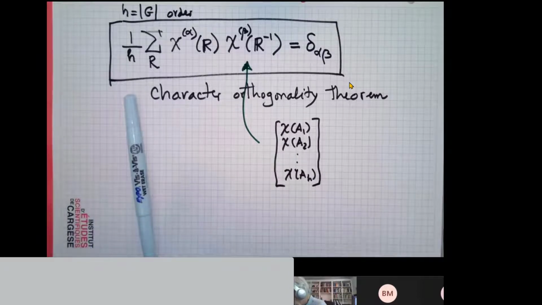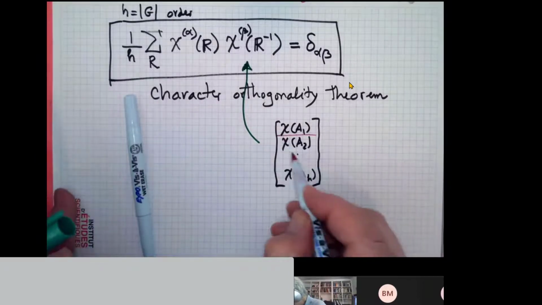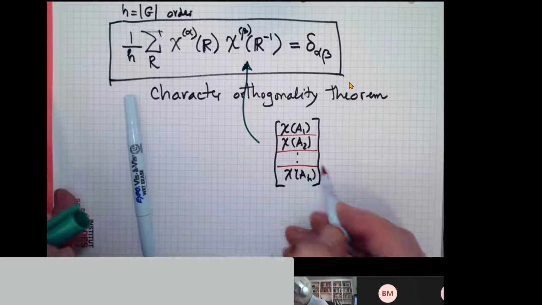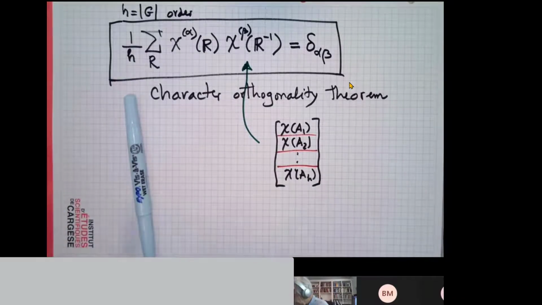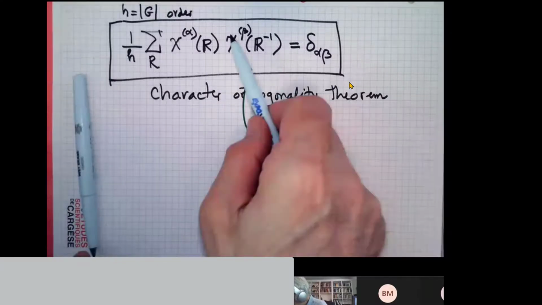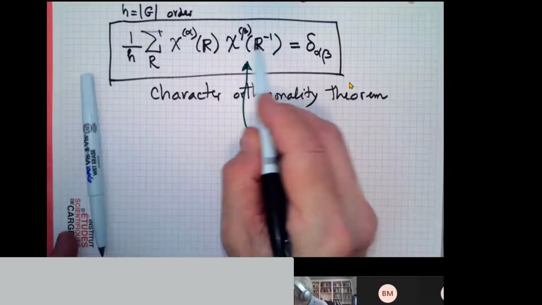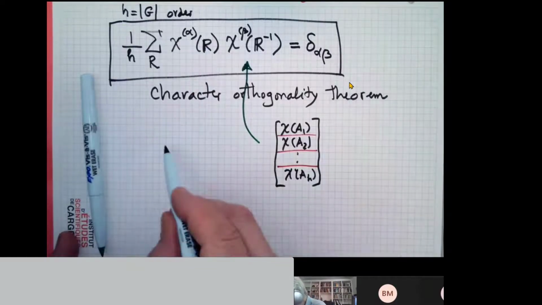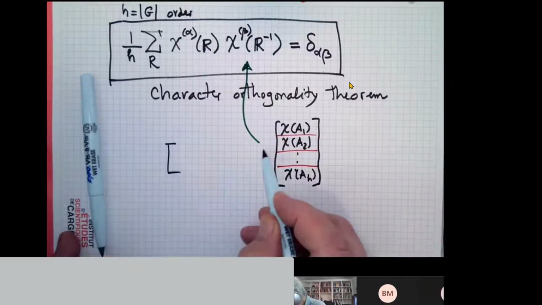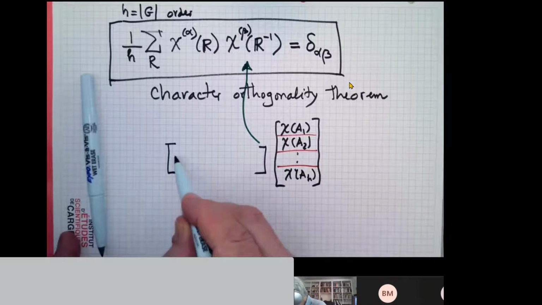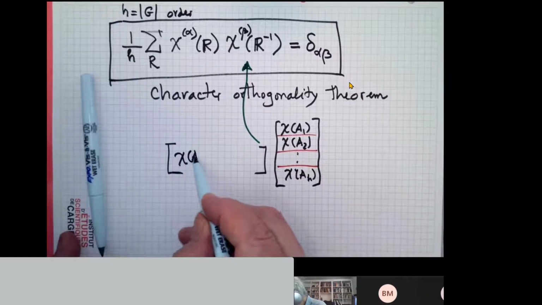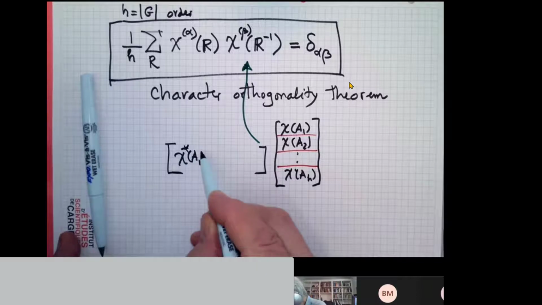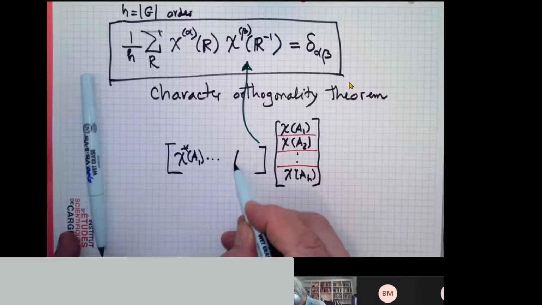Instead of those crazy matrices, I just have H numbers where H is the order. And now, because of unitarity, R minus 1 means complex conjugate, and I can put R minus 1 on this side, so it's easier for me to draw it this way. And now it says the characters, complex conjugates of, arranged this way.